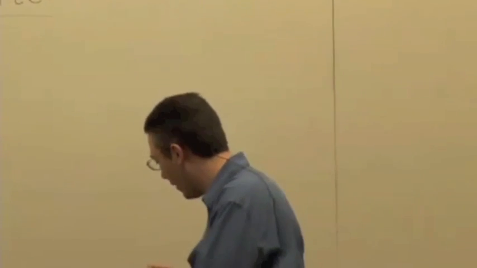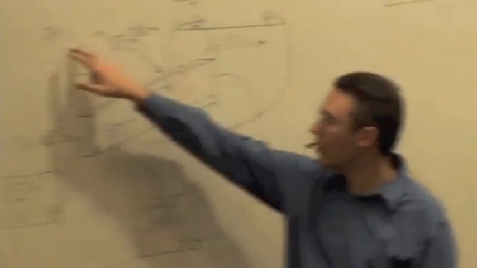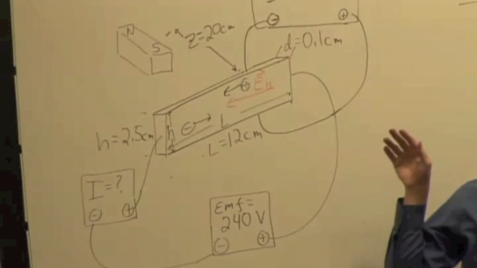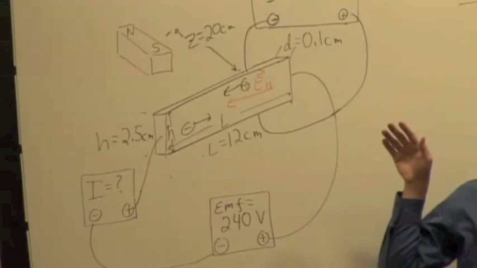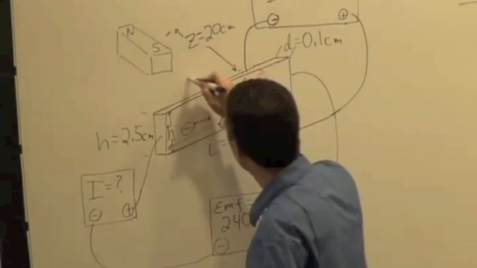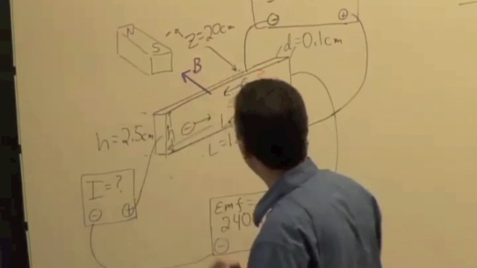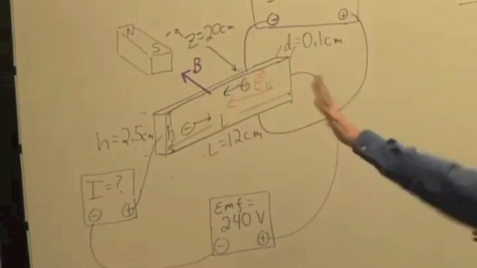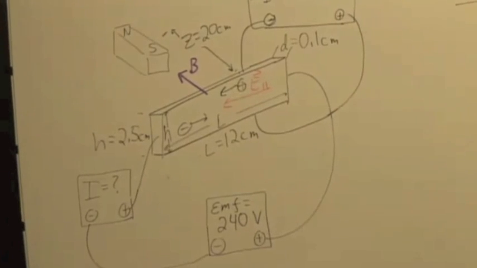For that we need to figure out the direction of the magnetic force on these mobile charges. Here's the bar magnet, here's the south pole, and the magnetic field is pointing kind of towards it. That's B. From this perspective, B is pointing into the page.